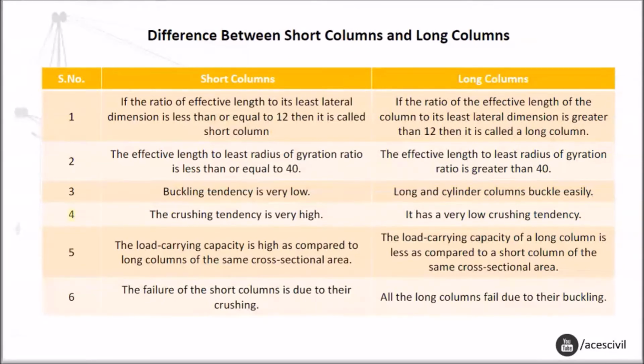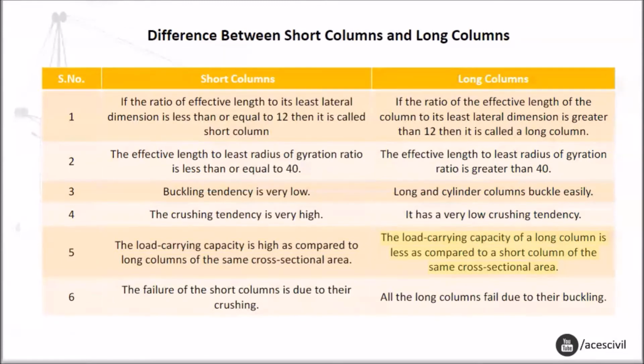4. The crushing tendency is very high. It has a very low crushing tendency. 5. The load carrying capacity is high as compared to long columns of the same cross-sectional area.